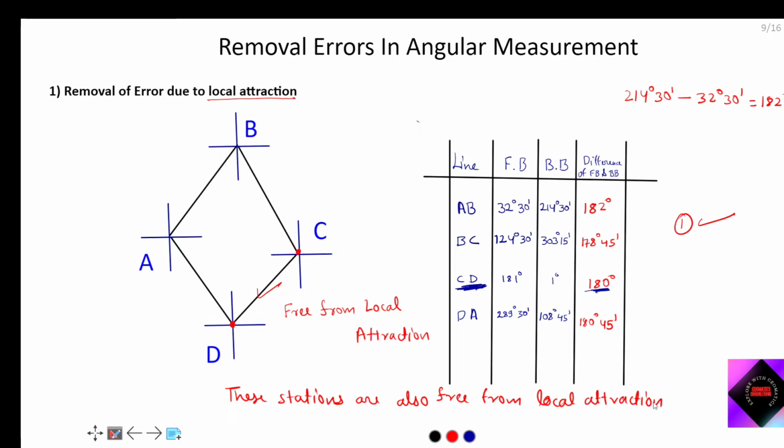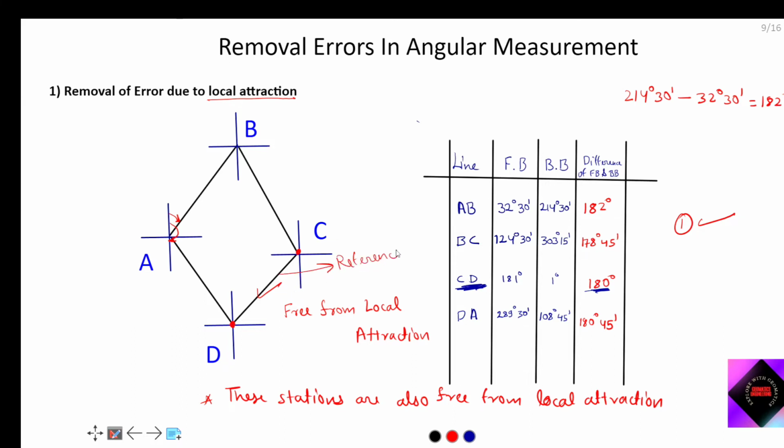Now see one thing, from one station, for example in AB, from one station we take two readings, that is fore bearing of some line and then back bearing of another line. So from one station we are taking two readings, and here we have considered that this CD line is free from local attraction. Our reference line is CD.